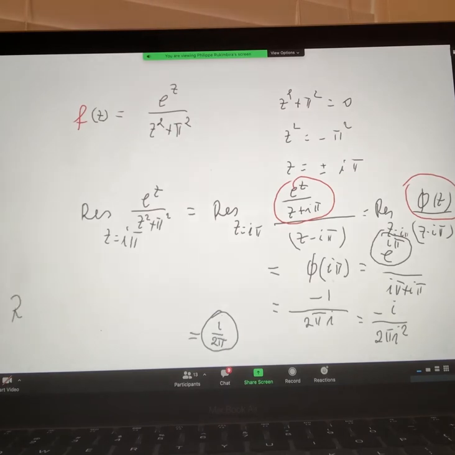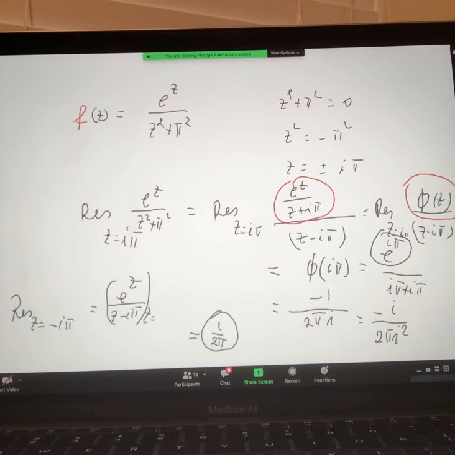So the residue at negative i pi this time is going to be e^z. I'll use the other factor, z minus i pi. That's going to be the phi when I make z equal to negative i pi. They switch roles.